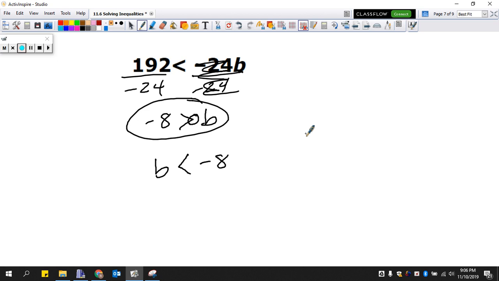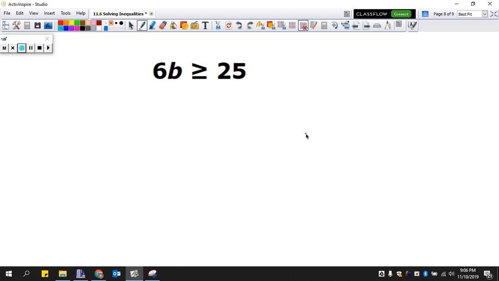6b is greater than or equal to 25. We divide by 6 on both sides. Since we divided by a positive number, a positive 6, this stays the same: b is greater than or equal to 25 over 6.